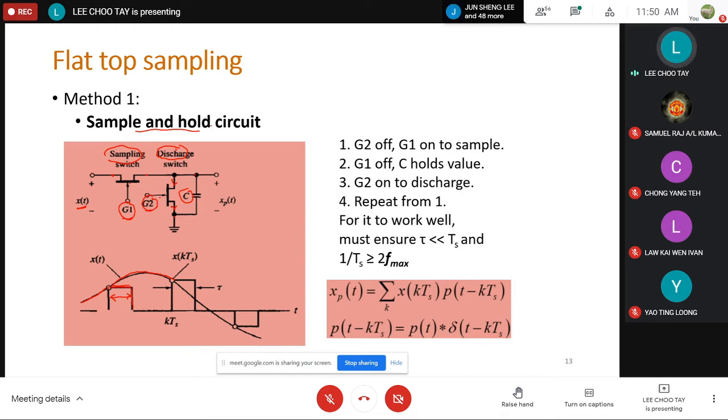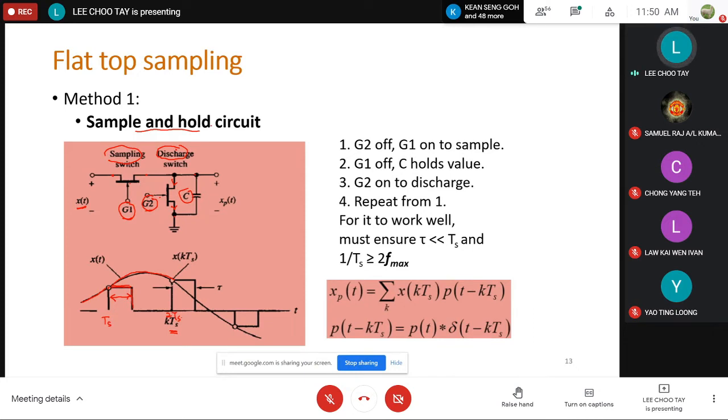The next time we want to sample again, which is KTs, let's say this is 1 Ts, and the next time we want to sample is 2 Ts, we turn on G1 again. We have to turn off G2, or else it's going to discharge.